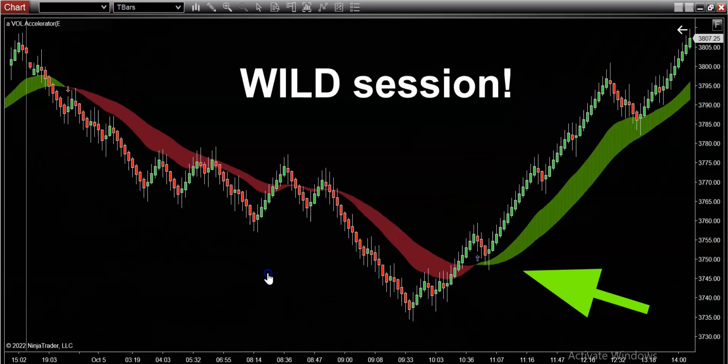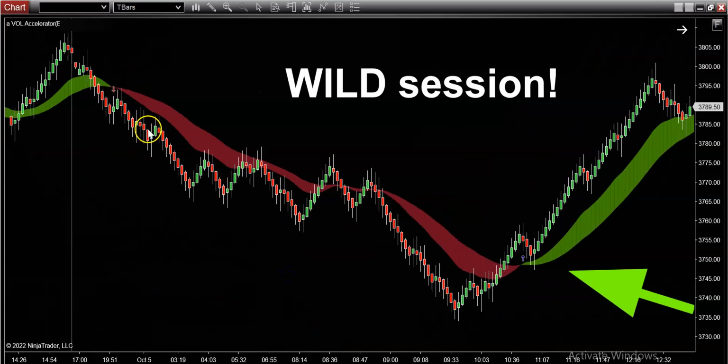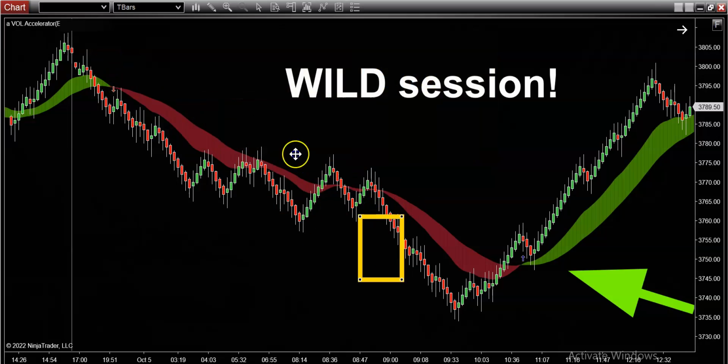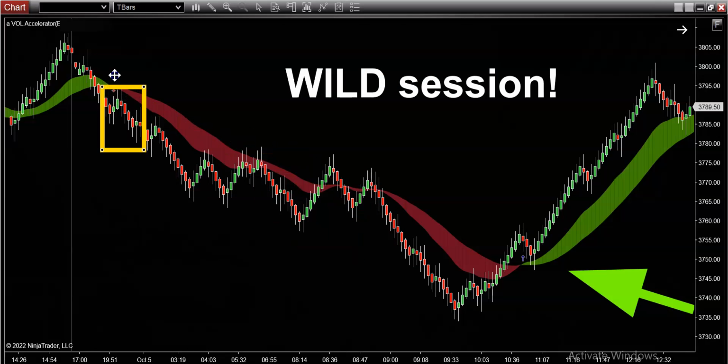Bright and early this morning, it detected a trend change to the downside. You can see the color of the band quite clearly changed from green into red. When this happens, this is your signal that potentially lower prices might be around the corner, and you have to prepare accordingly.